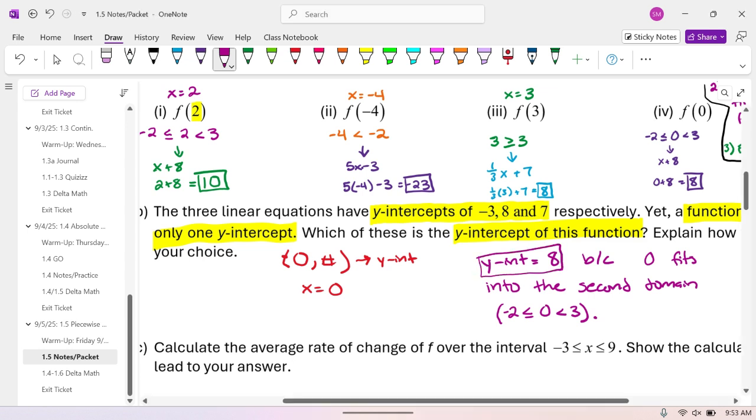All right, so if it ever asks you to find the y-intercept of a piecewise function, you're finding when x is equal to 0. That's what you would put in the domain. All right, does that make sense?